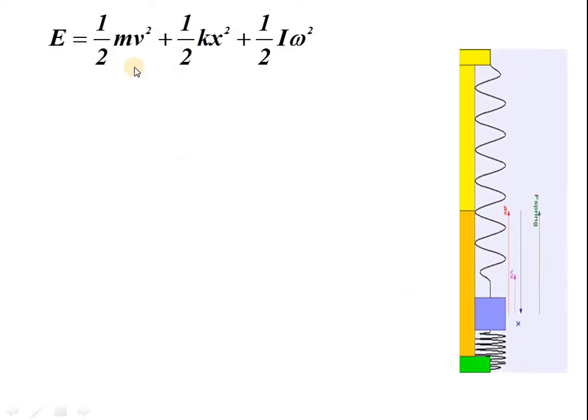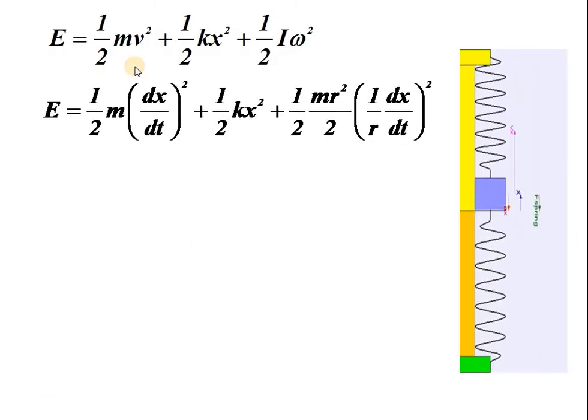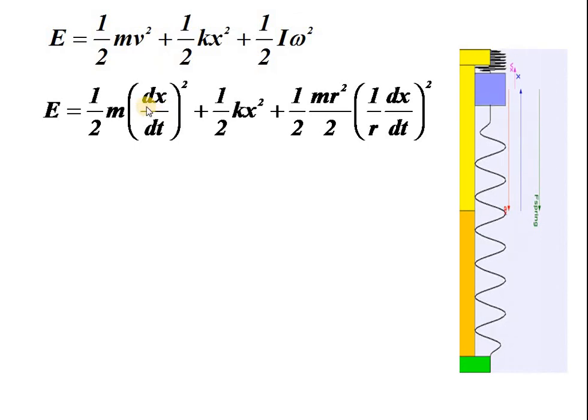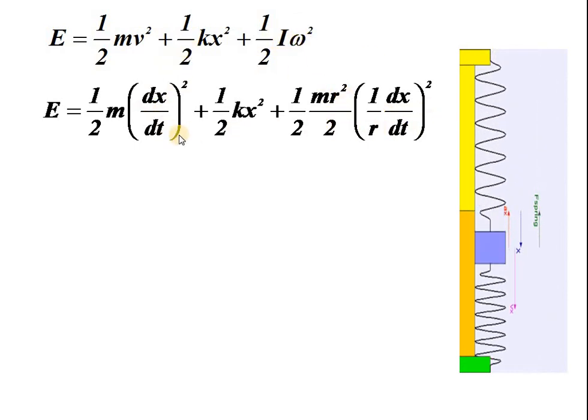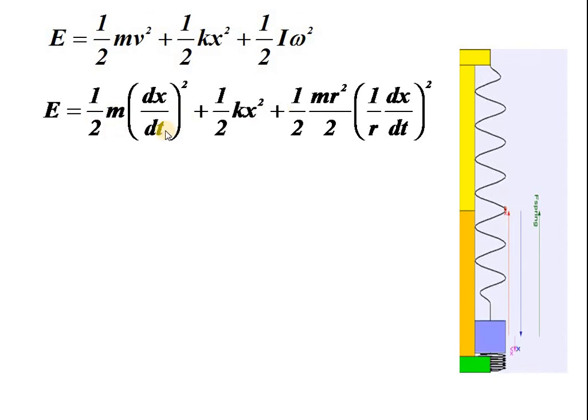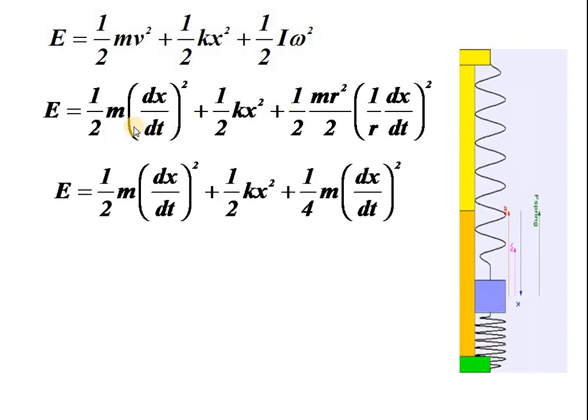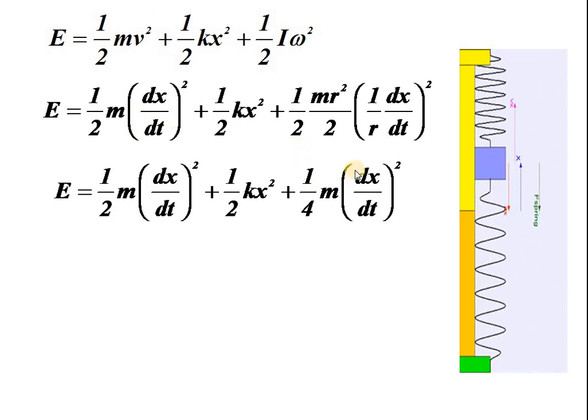By putting these values, we will get a differential equation. You see, velocity is put here, I is put here, and omega is also put here. Now it is just a matter of rearranging. Square it, place it like that.